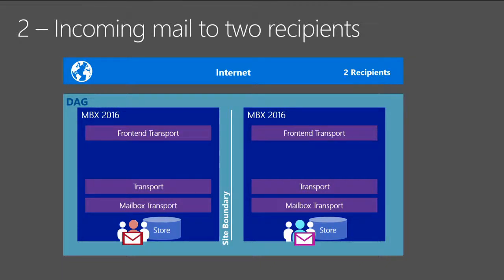Notice that communication is SMTP. It can send that piece of mail as long as both the boxes live in the same DAG. Okay, so this is one DAG I've drawn. So you can go from transport to mailbox transport to store in the same DAG. But the cross-machine communication is SMTP.